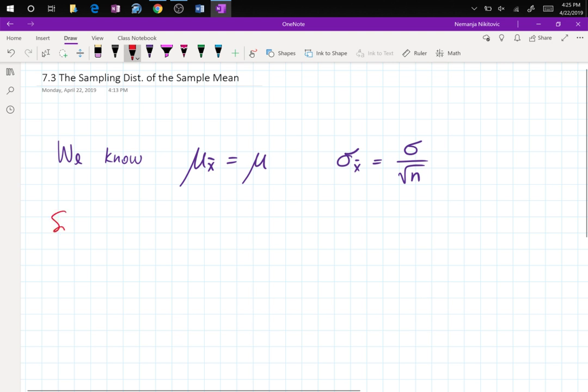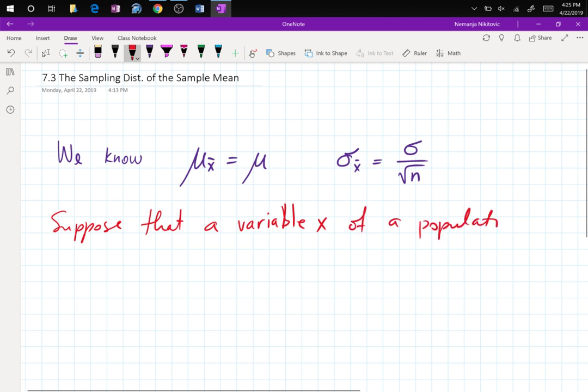So suppose that a variable x of a population is normally distributed.